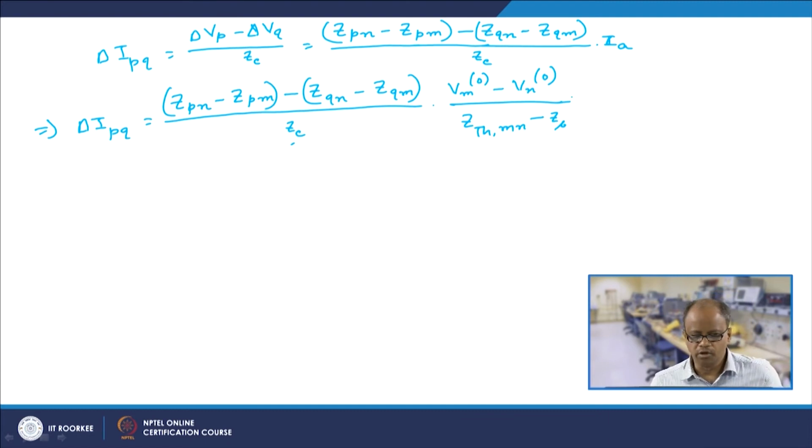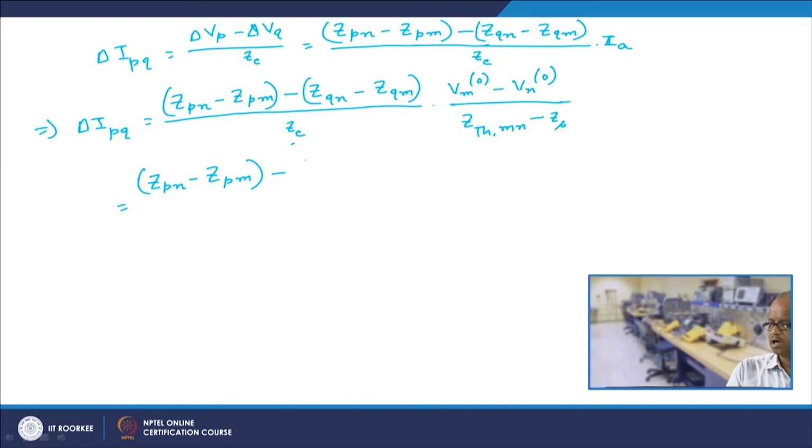Now, what do we have? Then I can write that down as Zpn minus Zpm, minus Zqn minus Zqm, by Z Thevenin mn minus Zb.